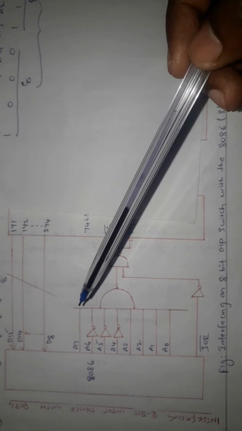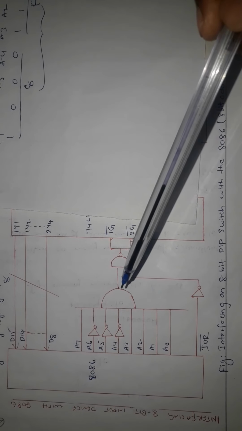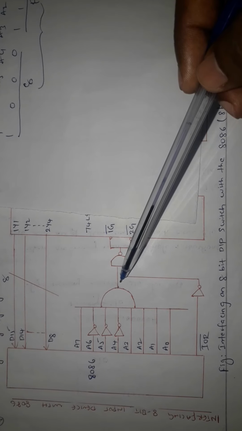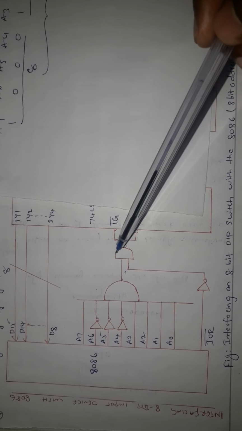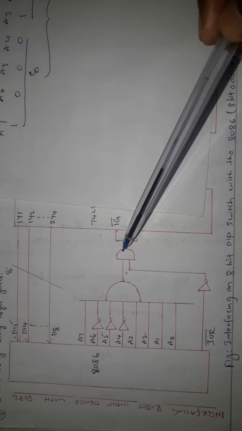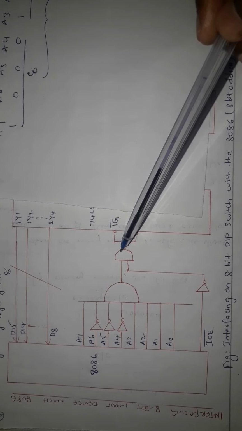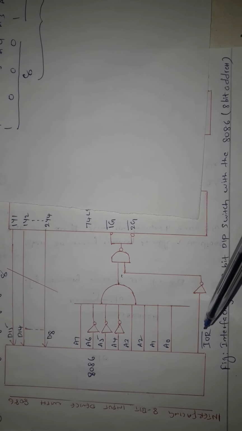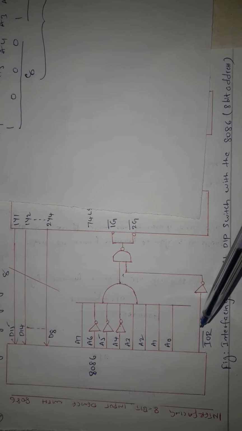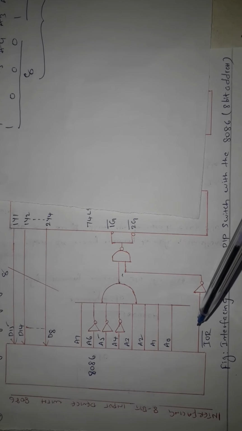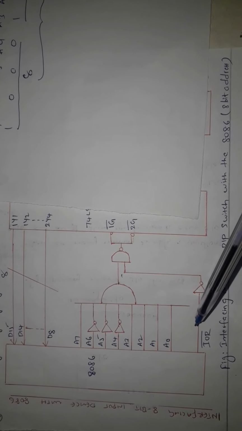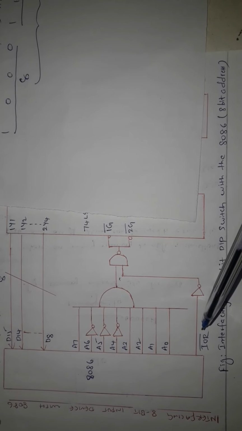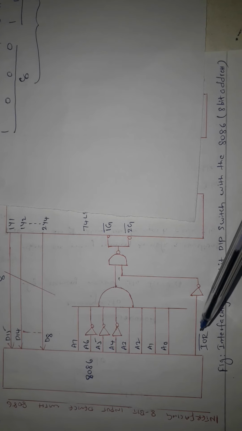When the inputs to the AND gate are all ones, we get the output 1 at the AND gate. Whenever the output is 1 at the AND gate, that goes as an input to the NAND gate, and another input to the NAND gate is from the I/O read pin. We can read the data from the switch, whatever data is available at the switch, by activating the IOR signal, that is IOR bar, the input output read signal, which is active low.